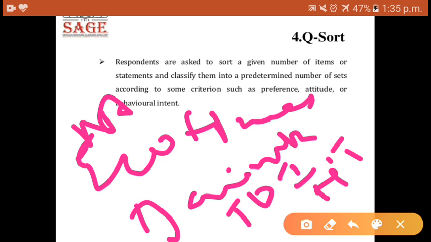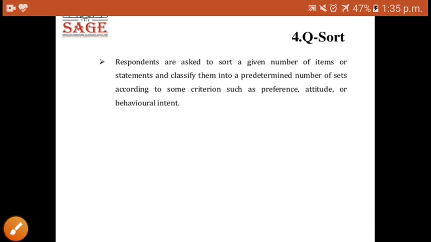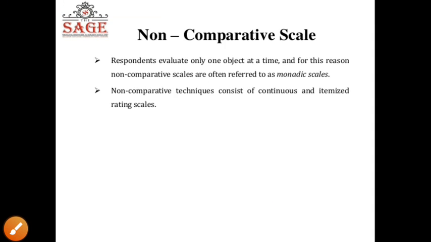Then you do the numbering according to your own judgment. When you do the numbering, we as researchers are able to assess these things, and when we can assess them, we are able to put them properly on SPSS, and that is the basic purpose of studying measurement and scaling techniques.